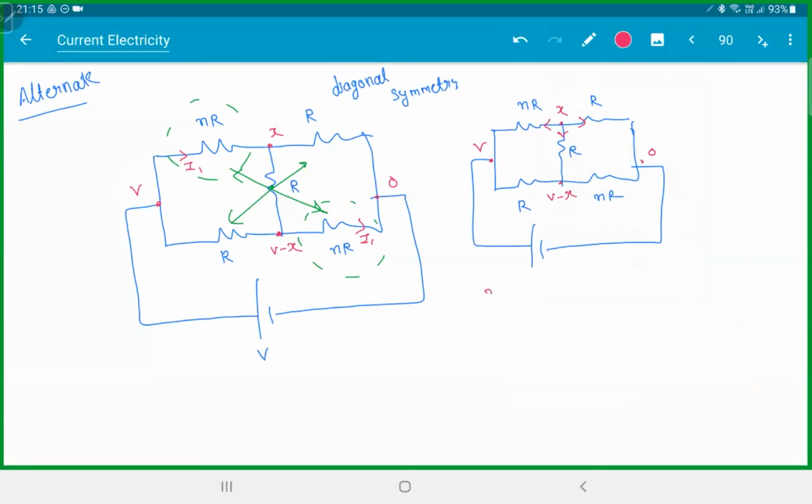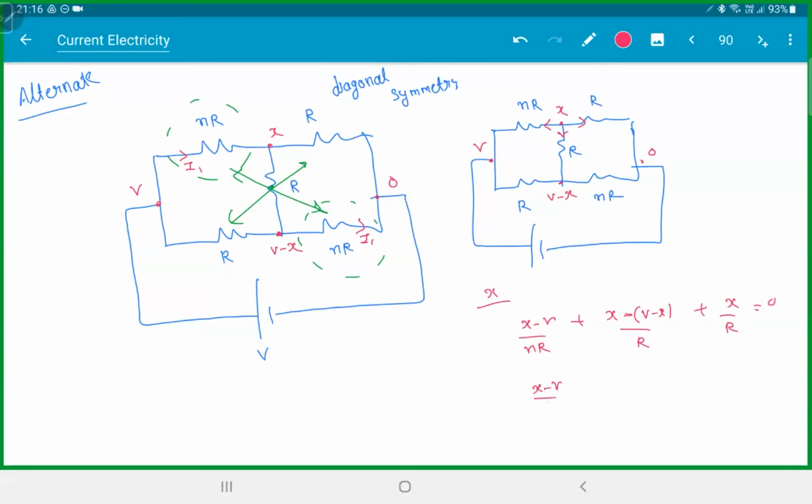So if you apply junction law at X, we get (X minus V) by NR, plus (X minus (V minus X)) by R, plus X by R is equal to 0. One equation we get X value, check. Isn't it? This symmetry saves you a lot of time. You get X value in one step.